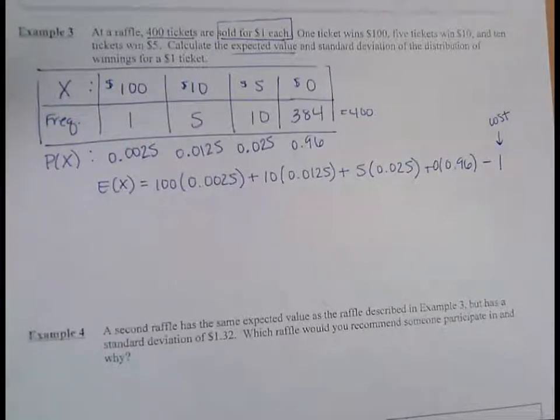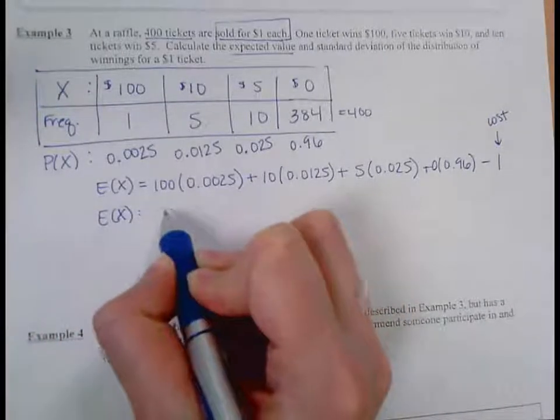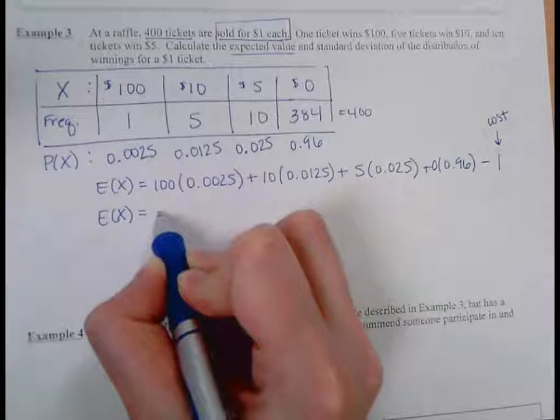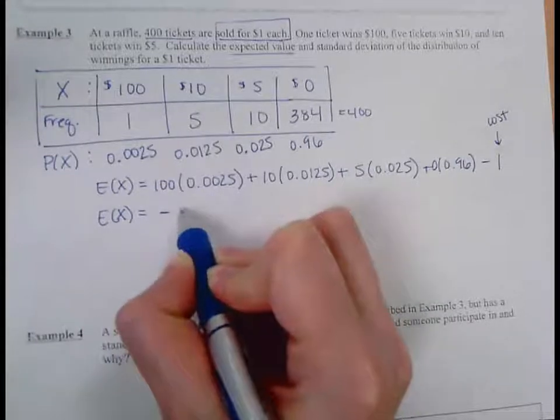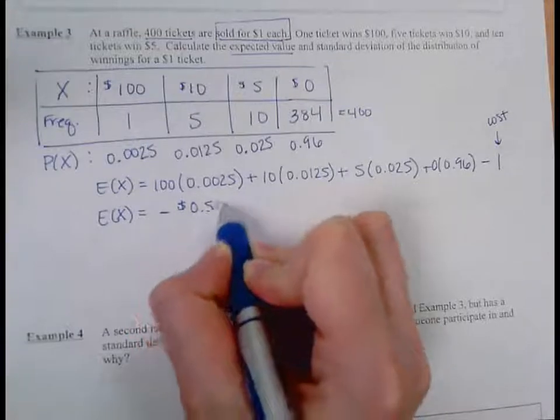Okay, so if I actually calculate this, I end up getting the expected value is negative 0.5, meaning it's a negative 50 cents.